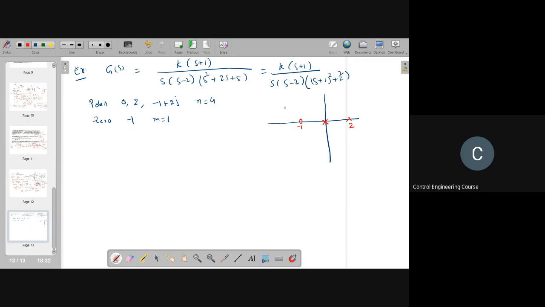And we are having two complex poles. The next step is calculating asymptotes.